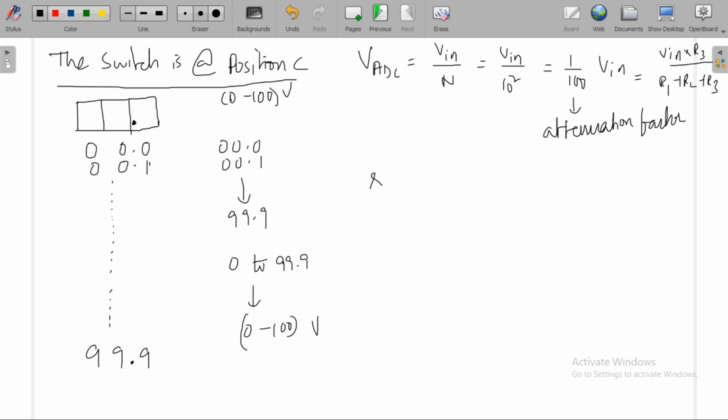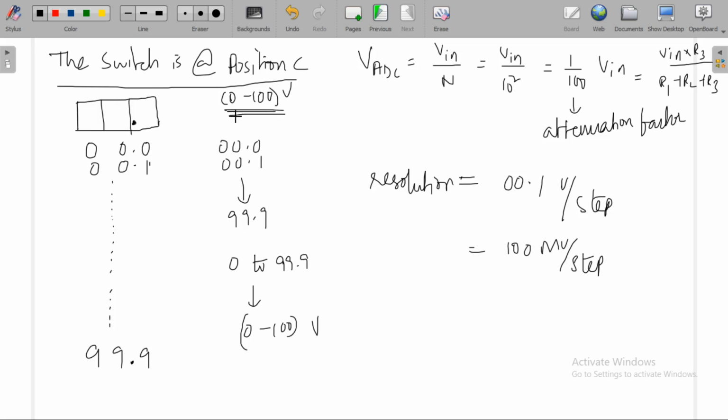Then what will be the resolution? What is the minimum voltage detected by this instrument for this range? 0.1 volts per step, that is 100 millivolts per step. This is the resolution.